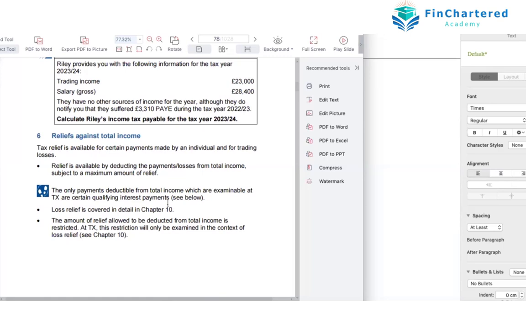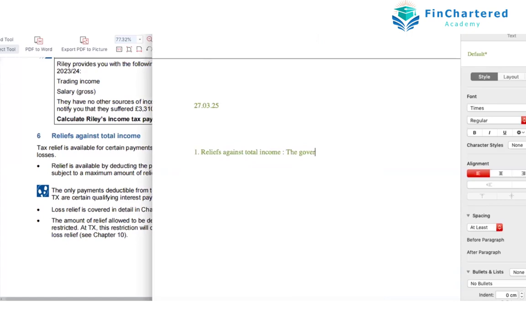What is a relief against a total income? This is where the government allows you to reduce your total income before calculating the tax payable.